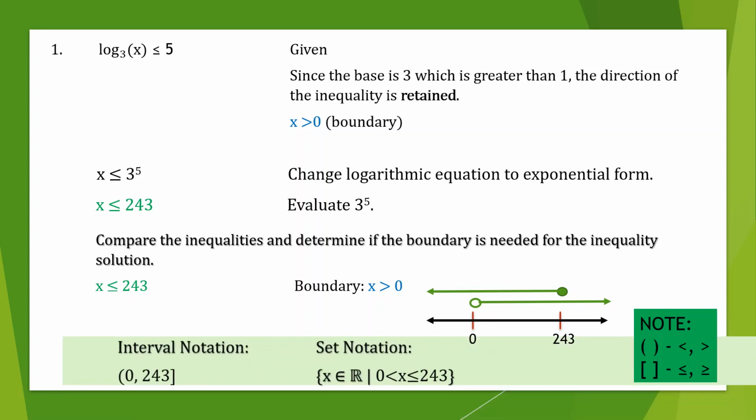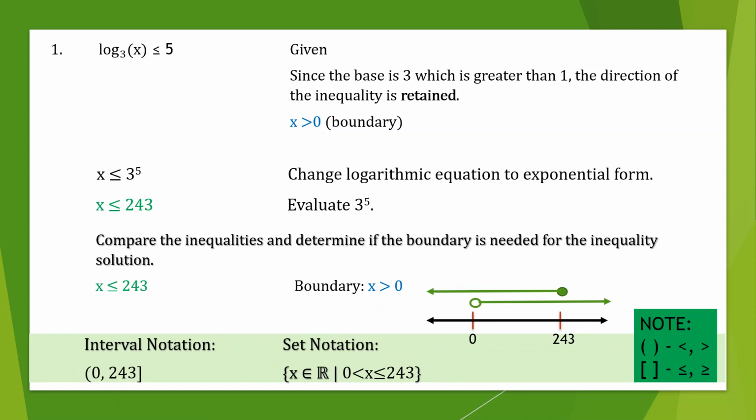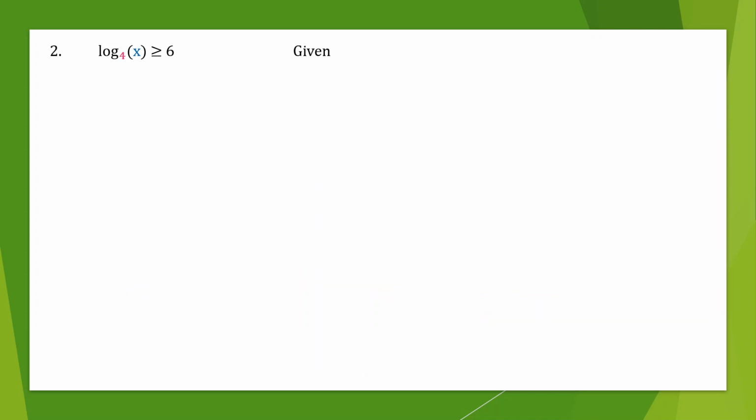And if the inequality symbol is less than or equal to or greater than or equal to, we will use brackets. Therefore, the solution set is 0 up to 243. Take note that 0 is not included, so we will use parentheses, and we will use a bracket for 243 because this number is included in the solution.